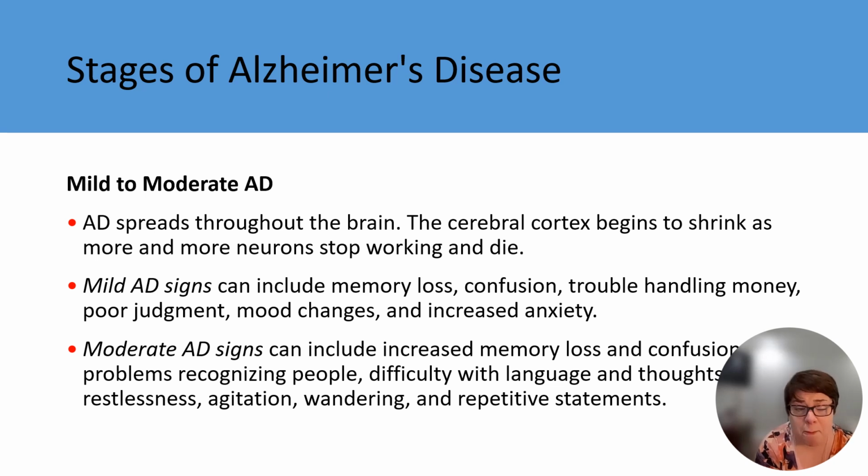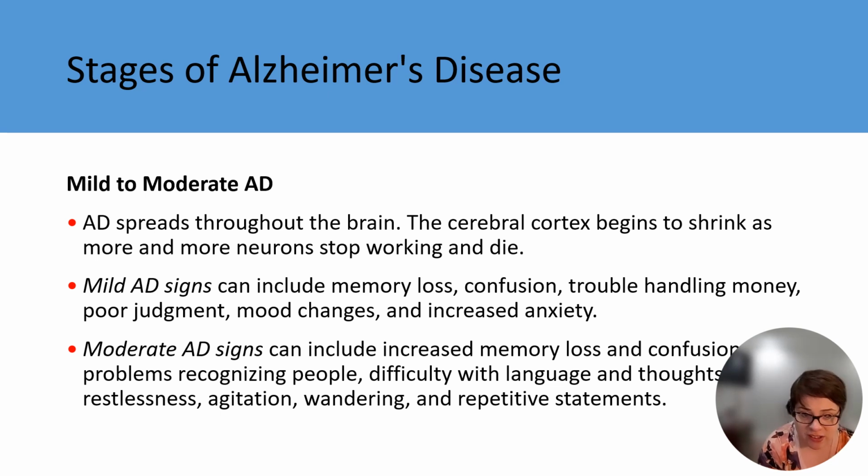Mild Alzheimer's disease includes signs such as memory loss, confusion, trouble handling money, poor judgment, mood changes, and increased anxiety, which is again why selective serotonin reuptake inhibitors and norepinephrine uptake inhibitors can be really helpful in the treatment of Alzheimer's disease, because they combat those mood changes and the increased anxiety and also the loss of volition or initiative.